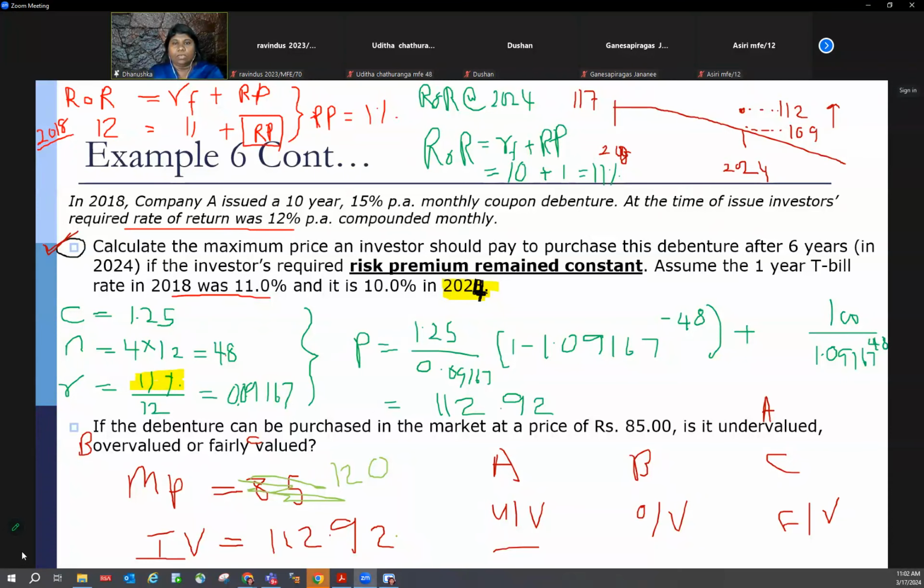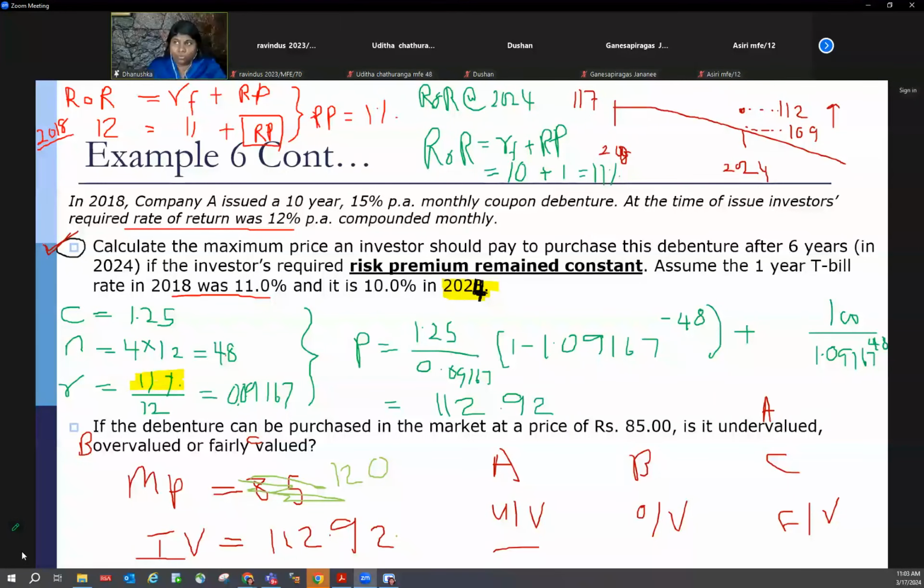Overvalued. Yeah, then it is overvalued. Because the maximum price I will pay is 112. If I pay anything more than that, I won't get an 11% return, and I want an 11% return for the risk that I'm taking. So if in the market it's at 120, I will not buy it because it doesn't justify the risk that I'm taking. It is overvalued.